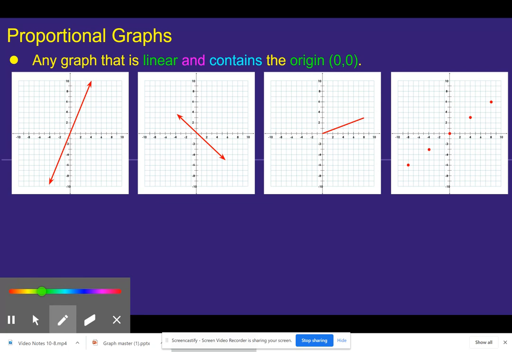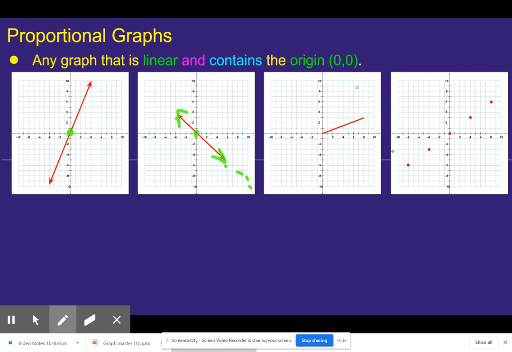In this first case, this is definitely a line. Actually, all four of these are examples of linear proportional graphs. Notice it is making a line and it goes through the origin. This one has a line that goes through the origin. Hopefully you remember that if it has arrows at the end of the function, it means that it goes on forever.